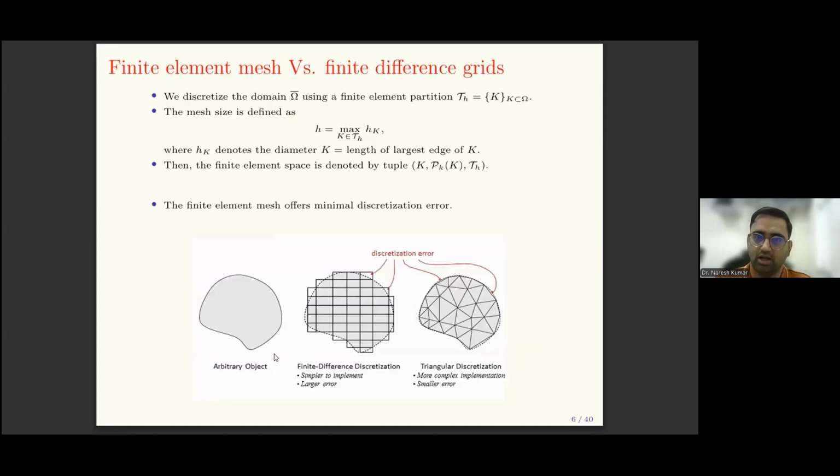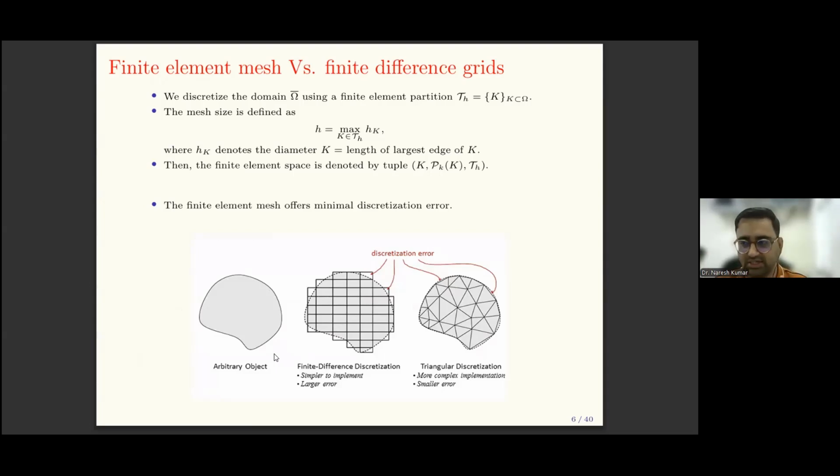Now, in the finite element method, one interesting point is that first we have to discretize the domain. If we apply the finite element partition for the domain omega bar, we take any triangulation or rectangulation for the partition of the domain, and then we define the mesh parameter.